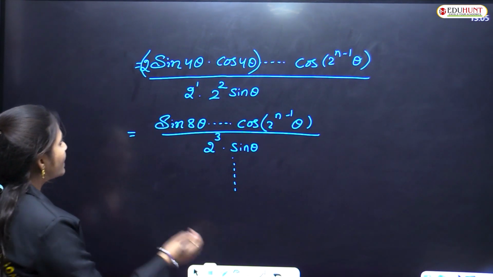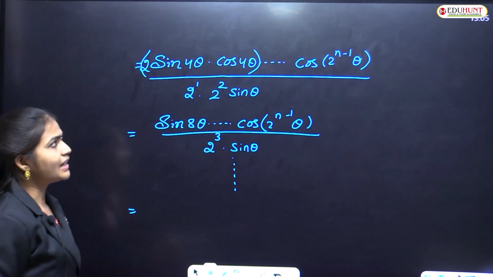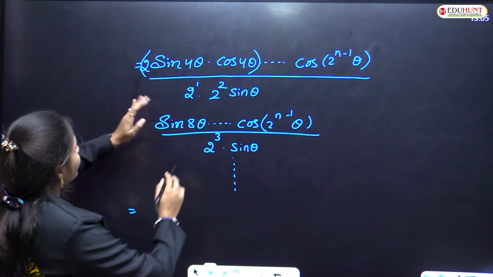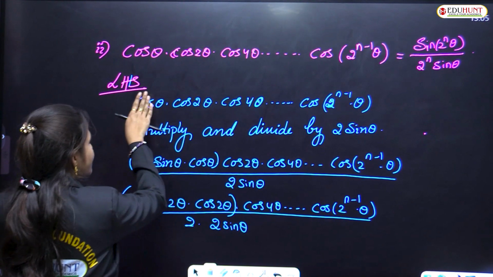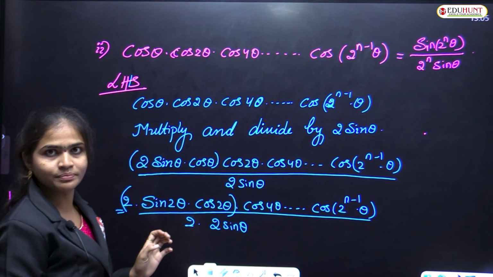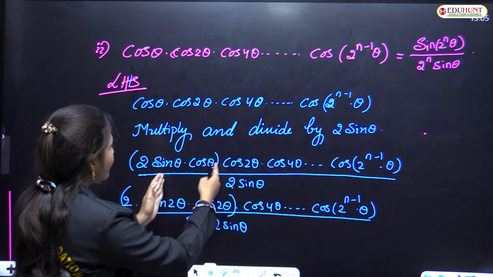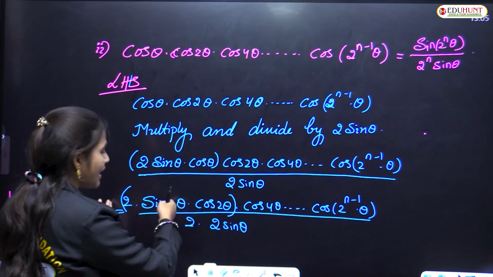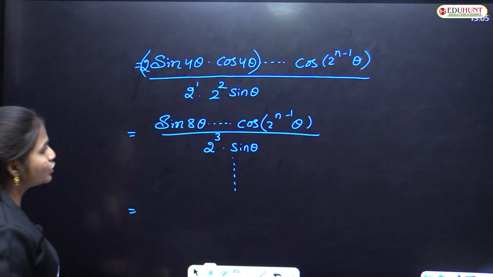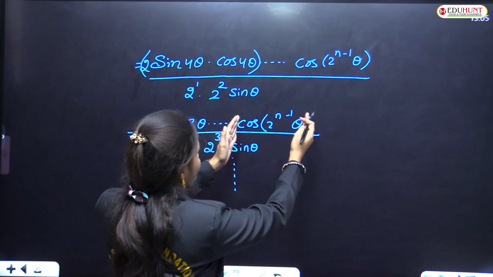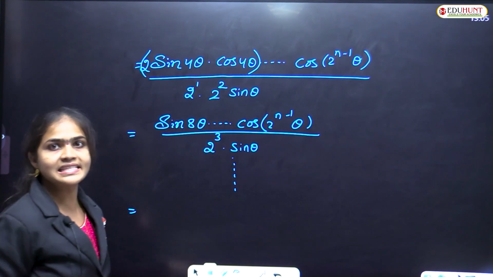Understand? So if this process continues, then just observe that here first only the cos function is there, we are adding the sine function. Next here also the cos function is there, again we are adding the sine function. So if this process continues, then here the last cos function is there, so we are adding the sine function.